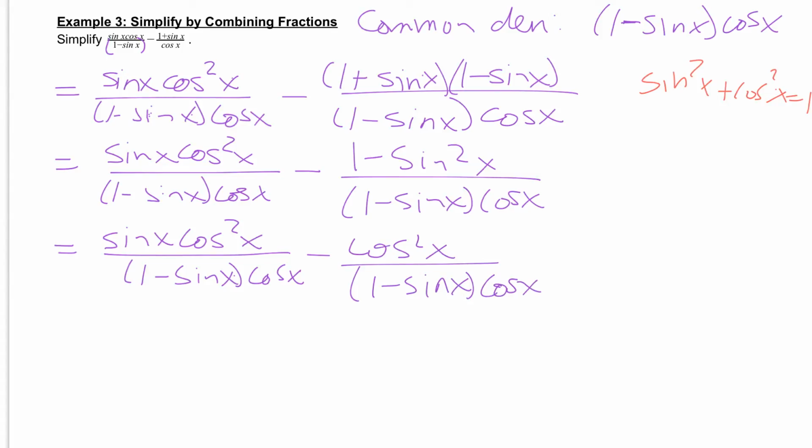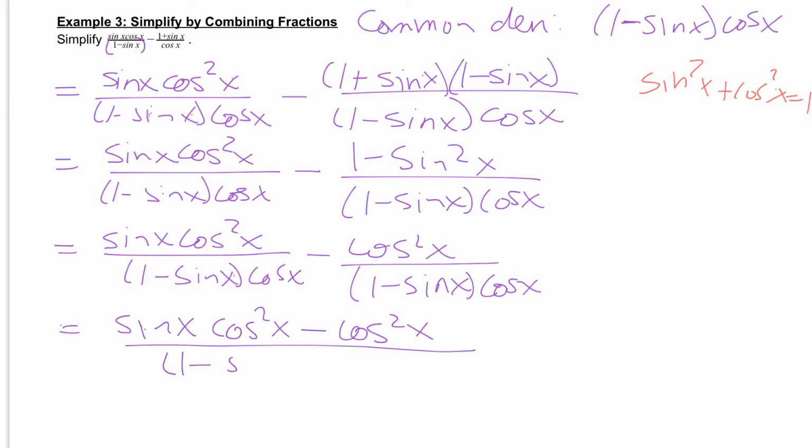Now that I've simplified this second fraction, I can go ahead and combine this into one fraction, and I'm subtracting. So what I end up with is sine x cosine squared x minus cosine squared x all over 1 minus sine x times cosine x.